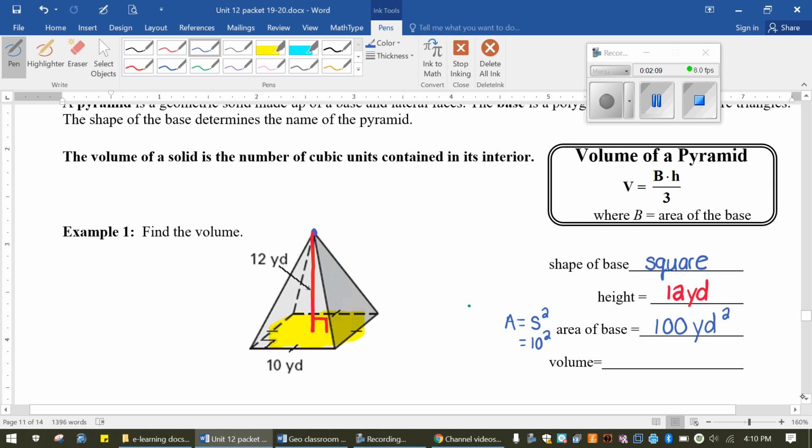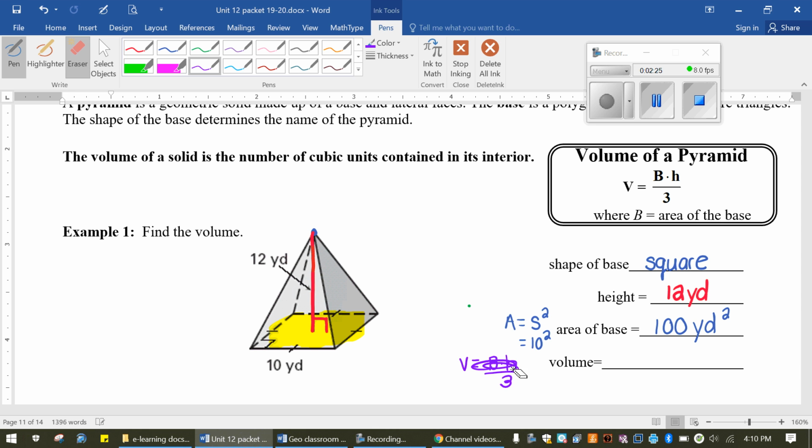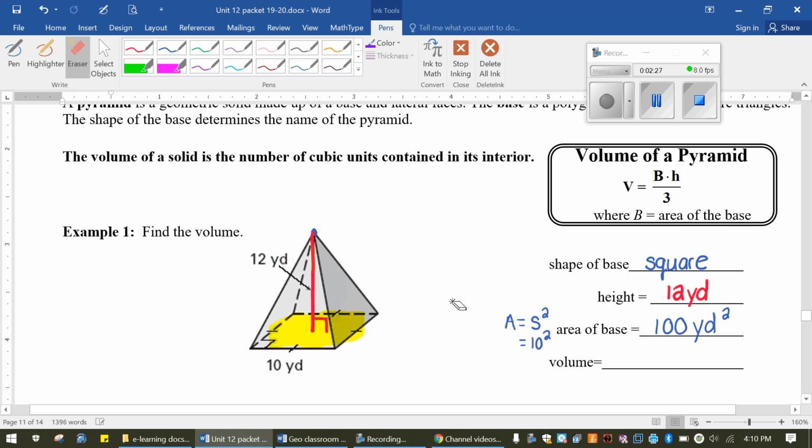Then the volume of this pyramid is the area of the base times the height, divided by 3.